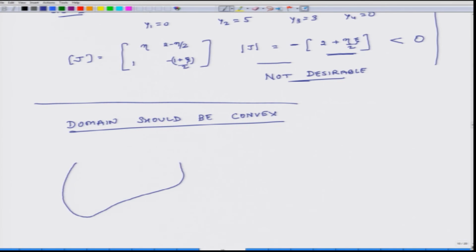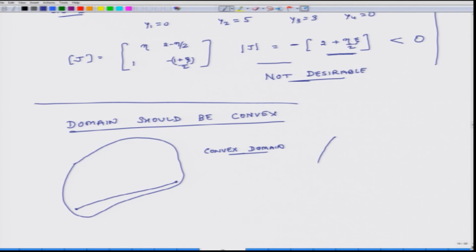That if I have any two points in my domain, I should be able to connect these two points with a straight line, and the straight line should not go out of the boundary of the element, between any two points. So, in this shape this is a convex domain.